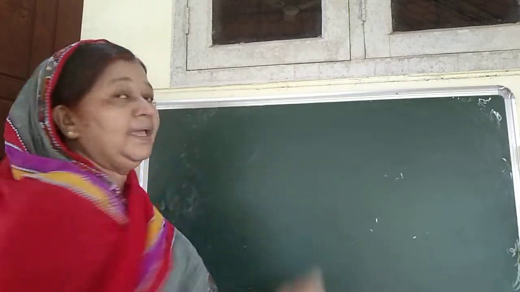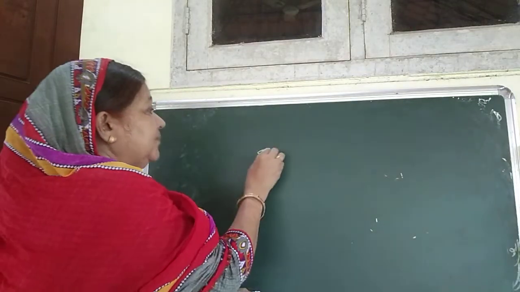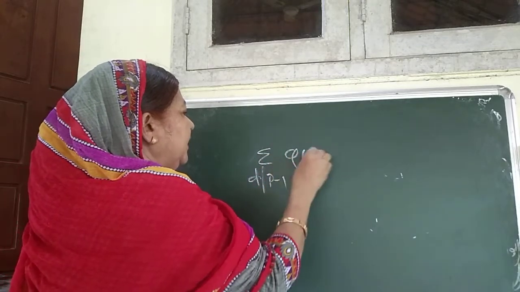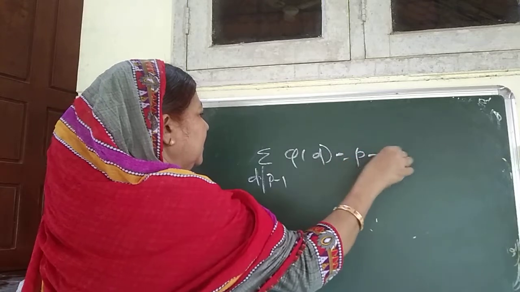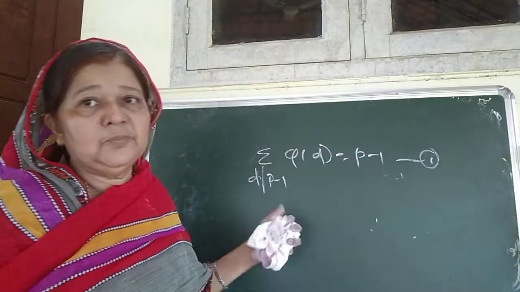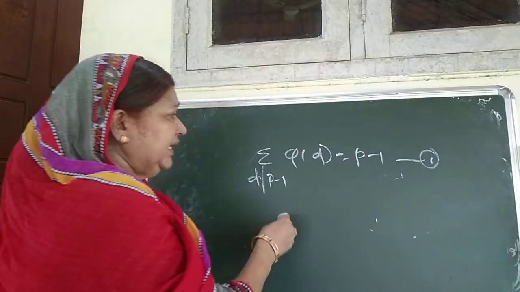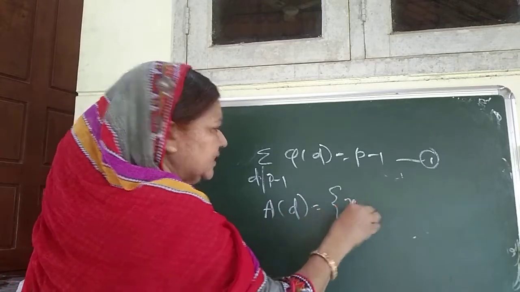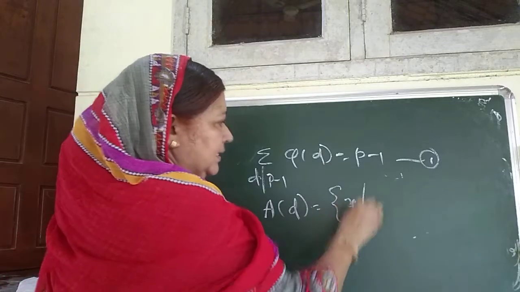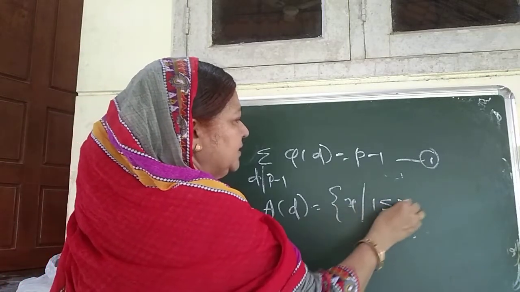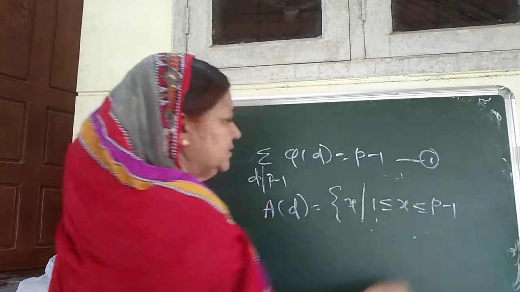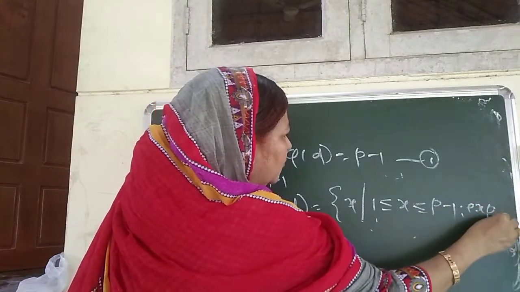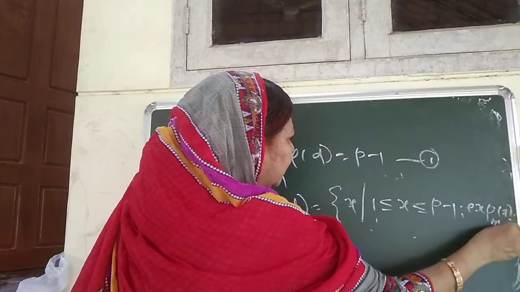We know by Euler's theorem that the sum over d dividing p minus 1 of phi of d equals p minus 1. We have already done this in the second module. Again, let us define A_d as the set of those x between 1 and p minus 1 such that the exponent modulo p of x equals d.